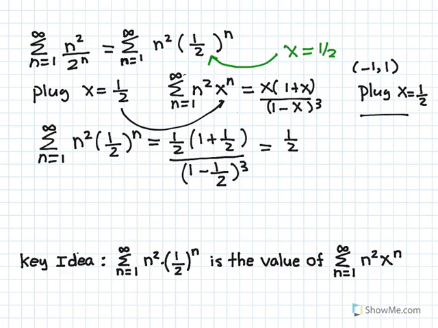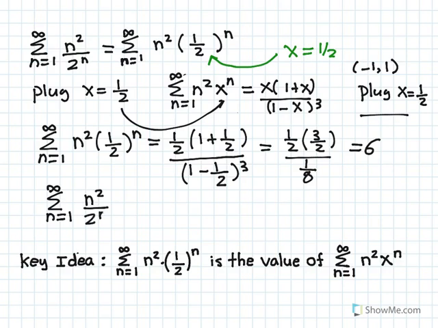We get 1/2 times 1 plus 1/2, that's 3/2. 1 minus 1/2 is 1/2, cubed is 1/8. If we simplify this, we get 6. So the sum of this entire infinite series, n equals 1 to infinity of n squared divided by 2 to the power of n, is just 6.